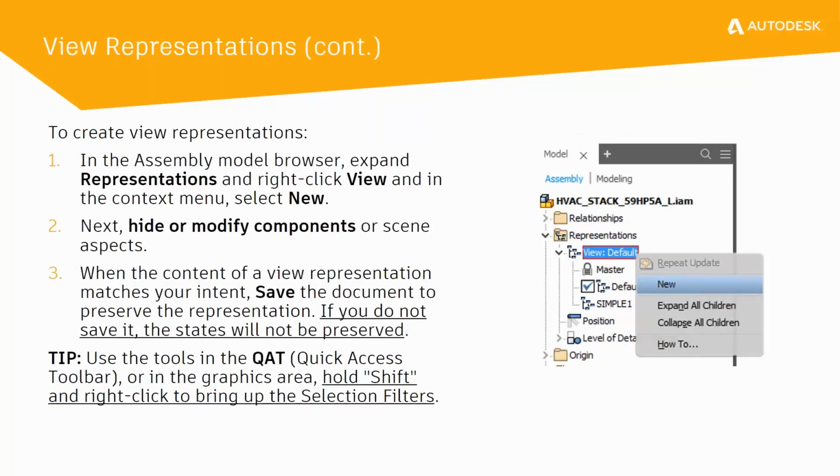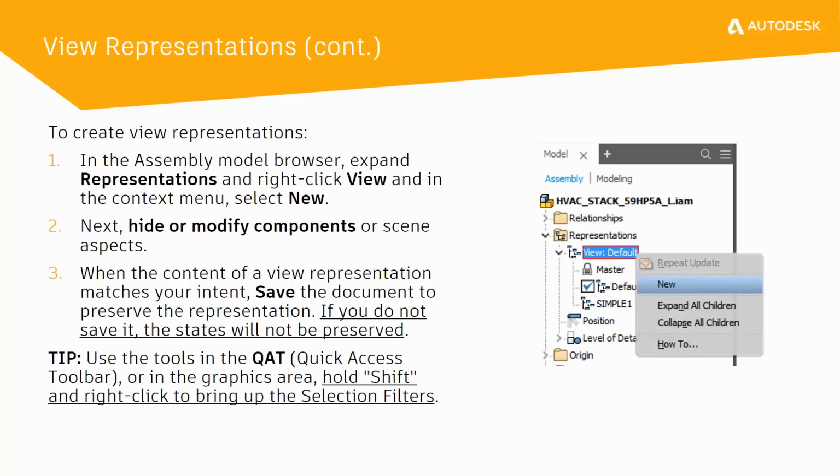The way that you can create view reps is inside an assembly in the model browser. You can expand the representations folder, and then if you right click on the view there, you'll get an option to create a new view rep. Once you've done this, you can slow click on it to rename it, and then hide or modify components as part of that scene.